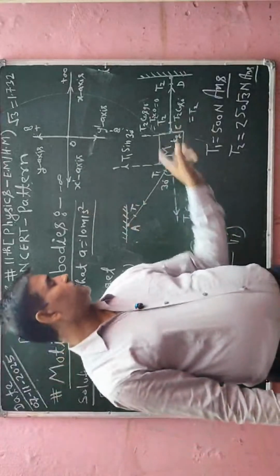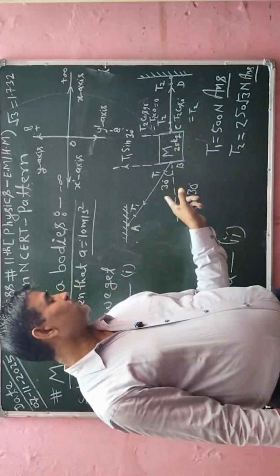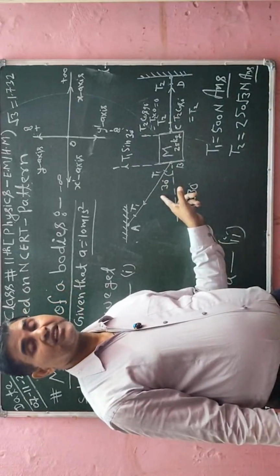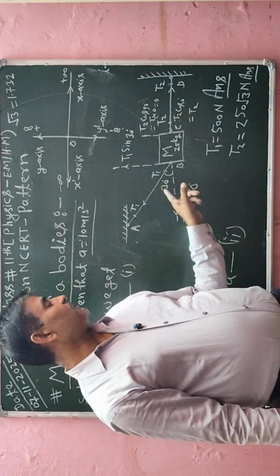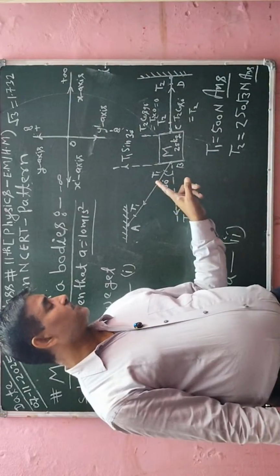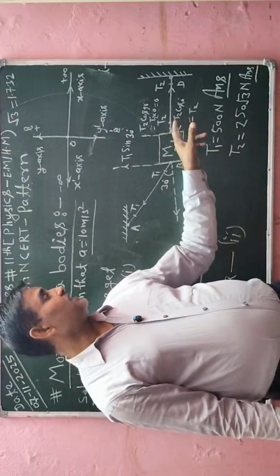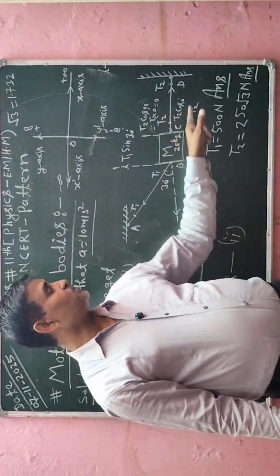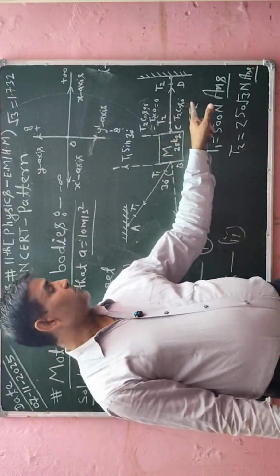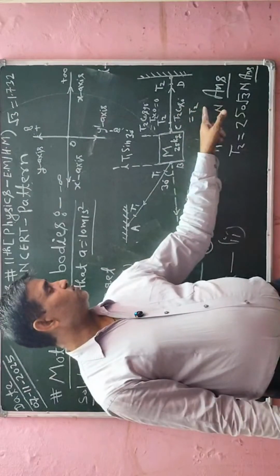Similarly this force, because from the horizontal x-axis it is inclined at an angle 30 degree, and it is also horizontal. It means that the angle is horizontal 0 degree, so cos 0 means 1, T2 into 1, that is T2.